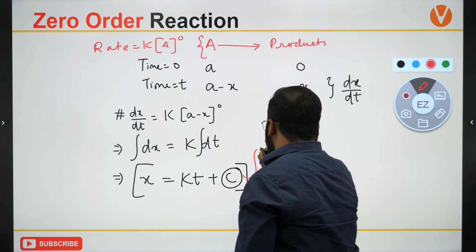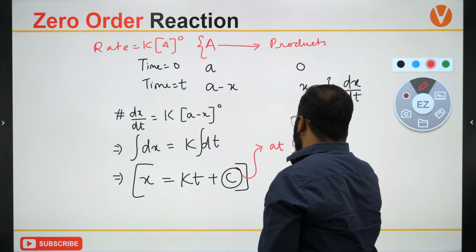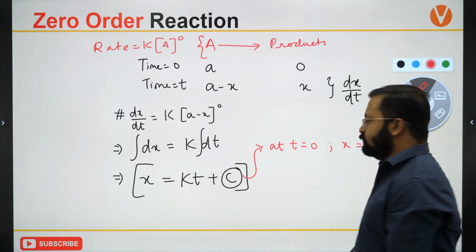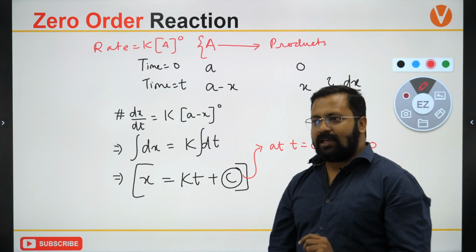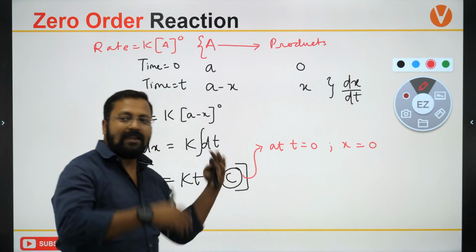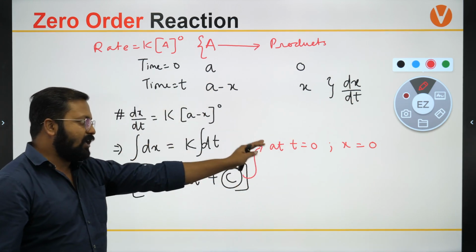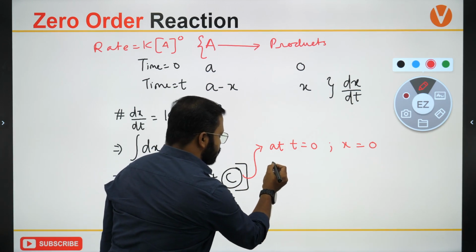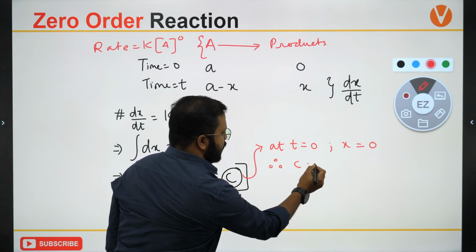For calculating c, can I say at t equals to 0, x was equal to 0? At t equal to 0 means initially, when time was 0, x is equal to 0. So that makes c equal to 0.